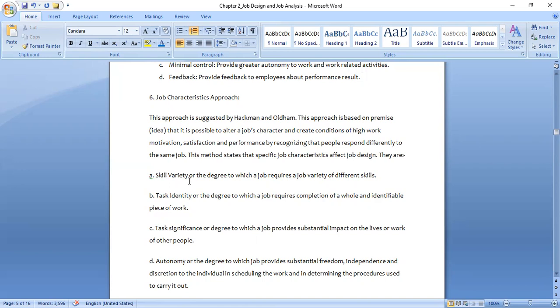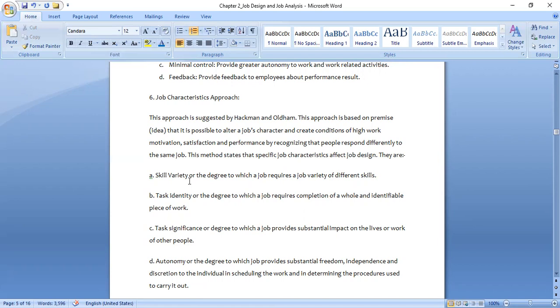And then another characteristic is task identity. What are the tasks that are entailed in that kind of job? As you're designing that job, you have to include the tasks.